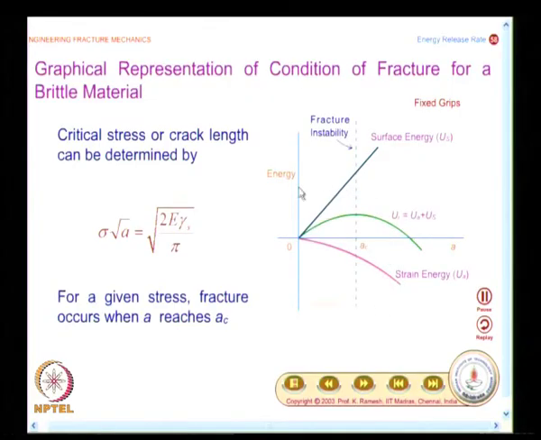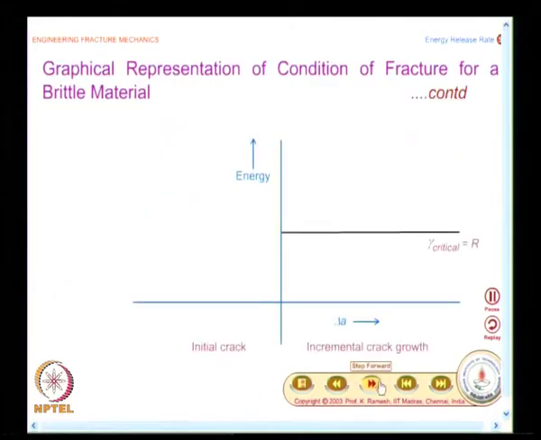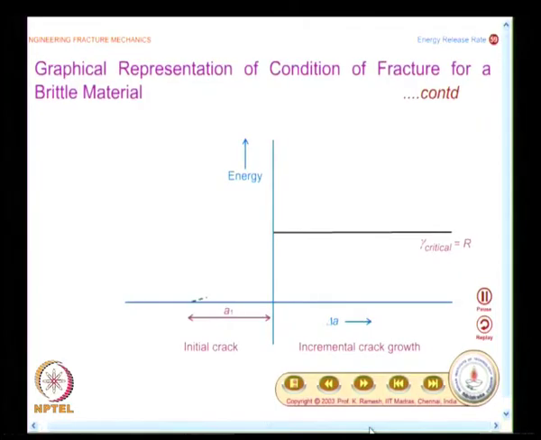This is one form of representation which we had seen, where you find sigma root A is related to root of 2E gamma divided by pi. This is one form of graphical representation. We also saw another form of graphical representation, where we had mentioned the resistance R is this much.